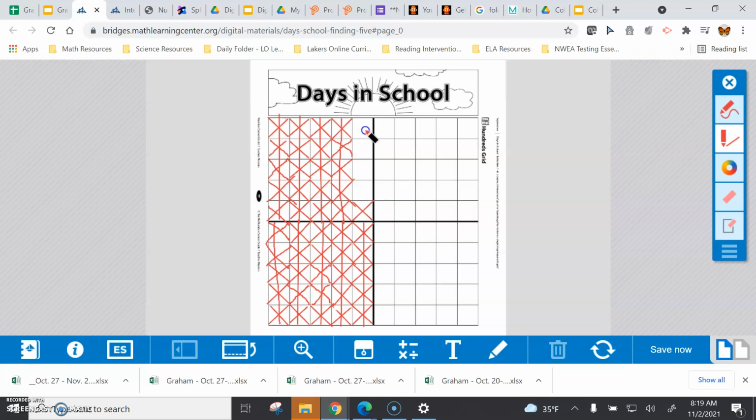After just a few more days, half of our chart will be filled in. Do you know what half would be? Half would be 50 days in school. If we have 10, 20, 30, 40, 45, 46, if we keep going up and fill this up, we'll have 50 days in school by filling in this whole side.